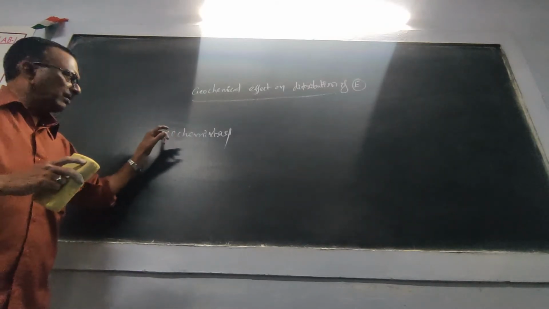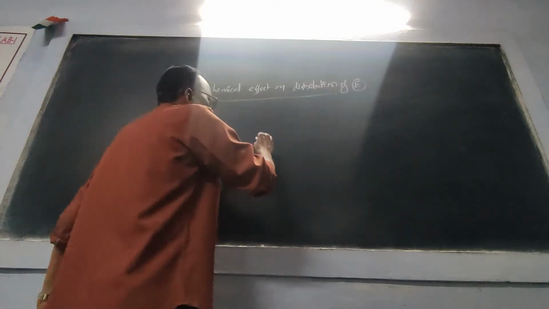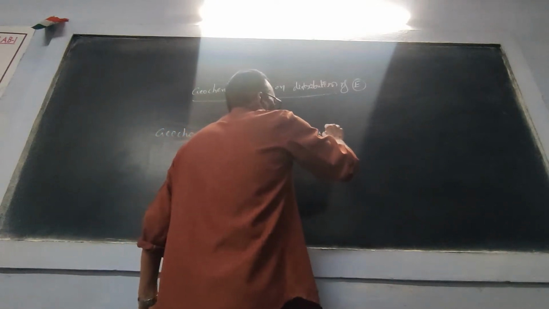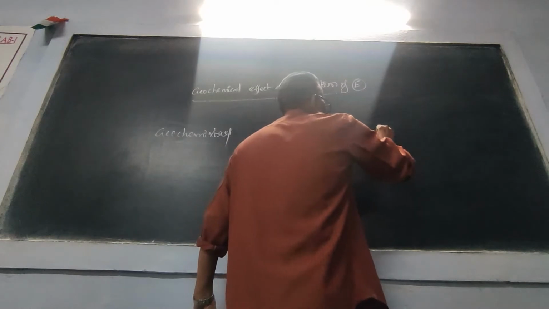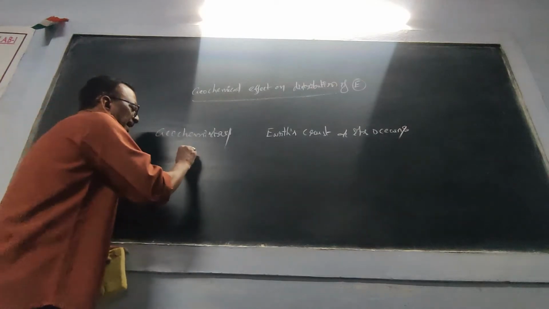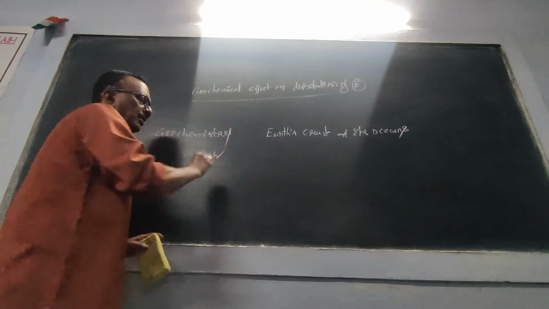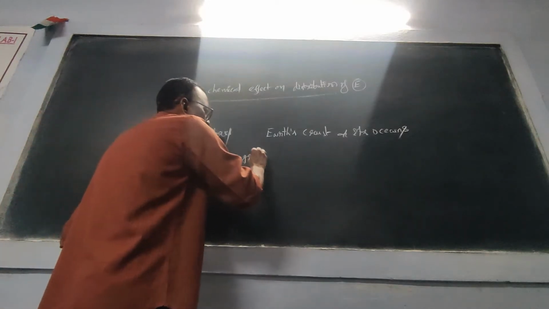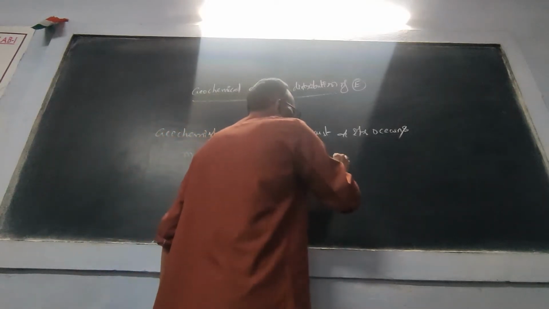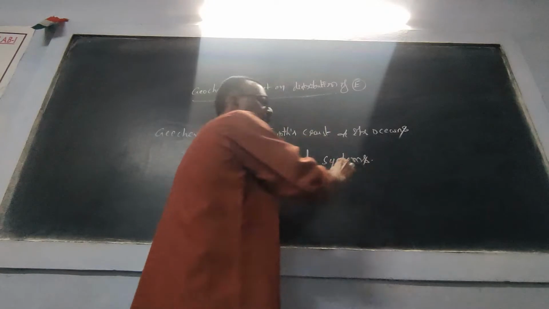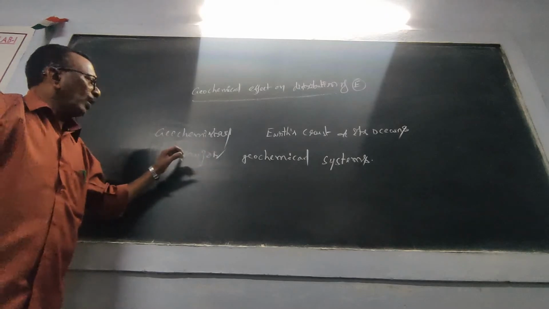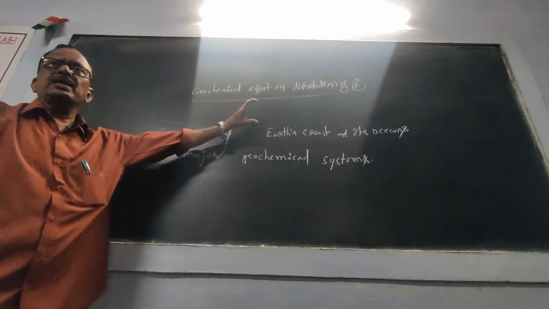So according to this branch, Earth's crust and its oceans are the major geochemical systems. Major geochemical systems. So we have two major geochemical systems. One is Earth's crust and another one is oceans.